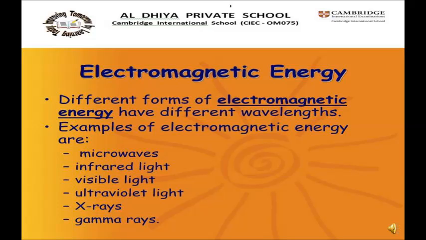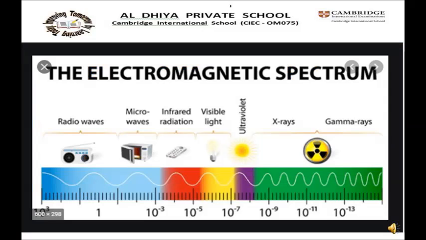Different forms of electromagnetic energy have different wavelengths. Example: microwave, infrared light, visible light, ultraviolet light, X-rays, gamma rays, etc. Look at the picture. Here, we can see the different wavelengths. Which radiation energy has the longest waves?